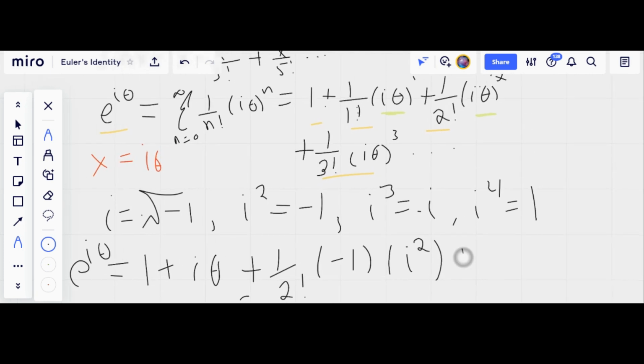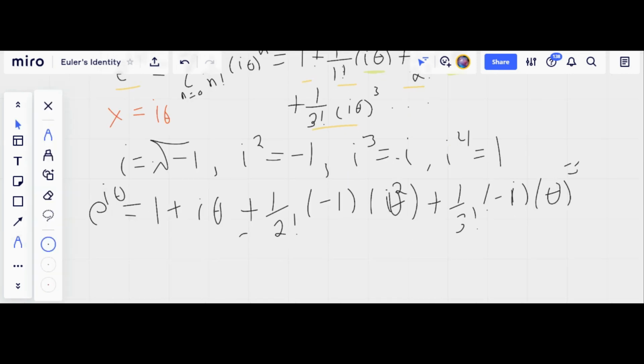So now we're going to add 1 over 3 factorial times minus i times theta cubed, okay? Dot, dot, dot.